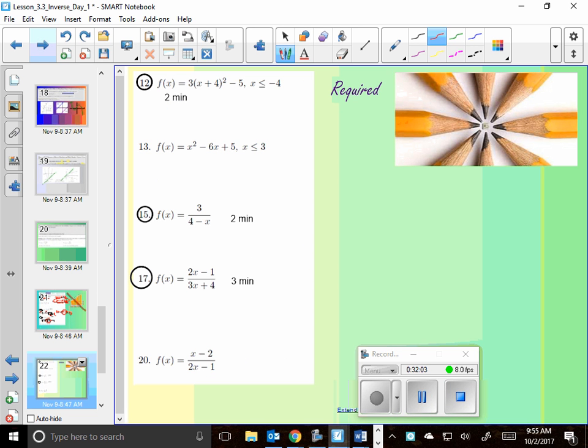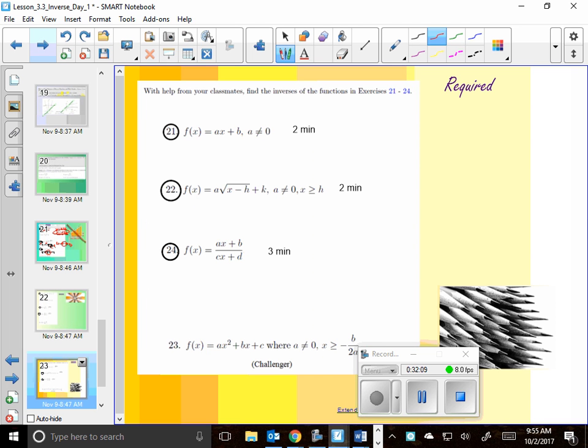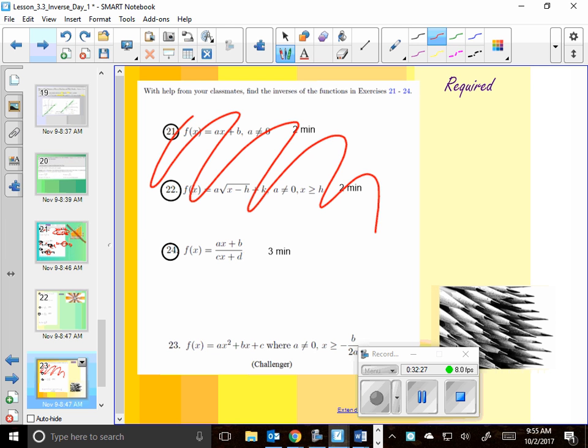All right, moving on. All the ones that are circled here are the ones I'm assigning. Just the circled ones. Now, getting to the back here, this gets really tricky, but not impossible. I'm going to say, why don't you just skip these two, and I think you should try number 24 because it's got extra variables in it.